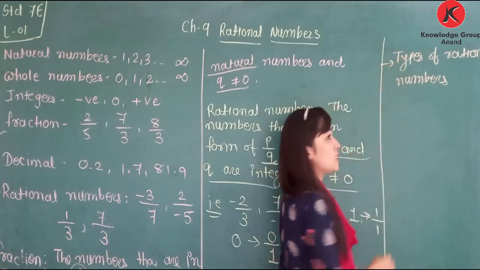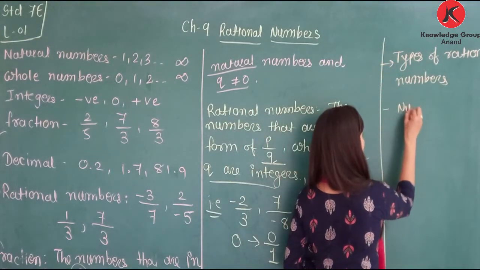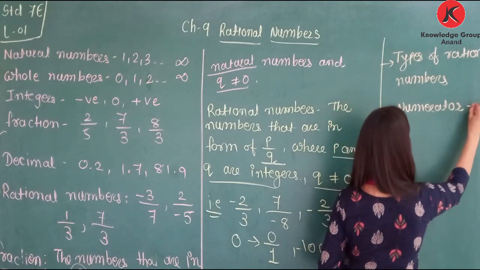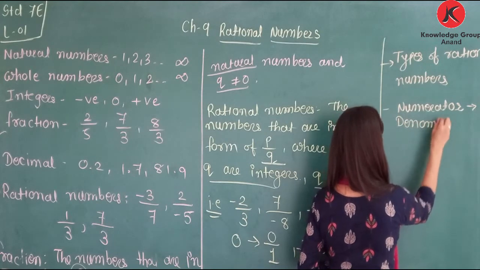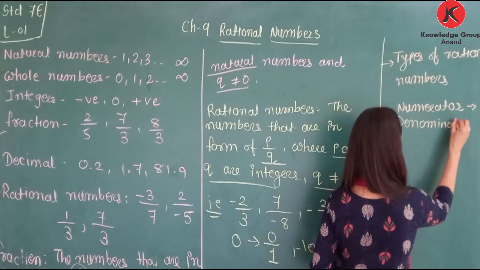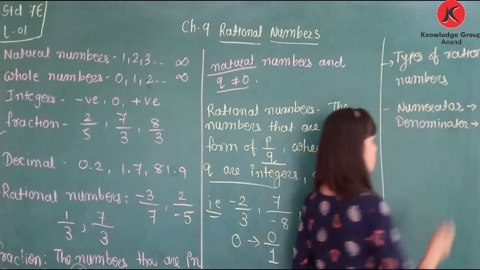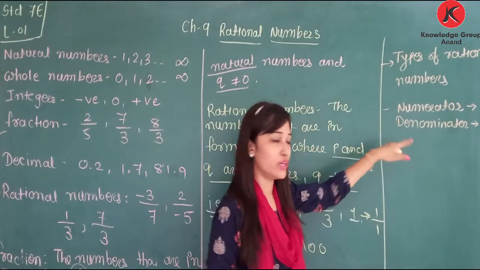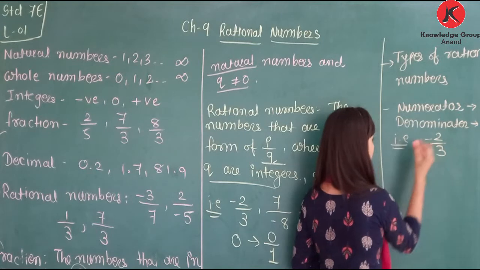So which can be considered as, if the numerator is negative and the denominator is positive, this is a negative rational number. When the numerator is negative and the denominator is negative, for example, minus 2 by 3.